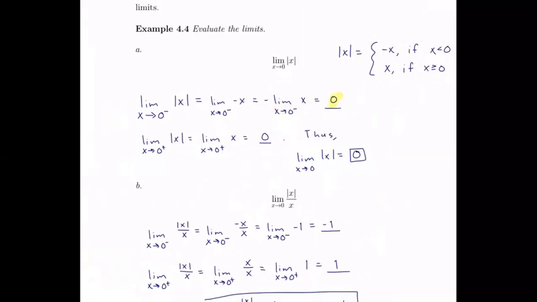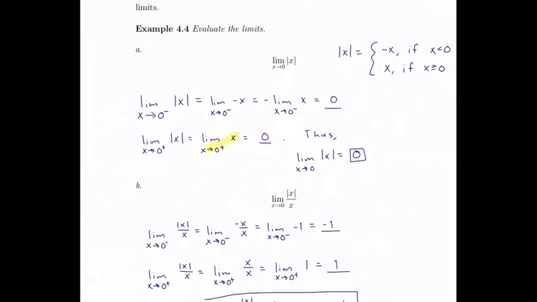And now we're looking at the limit of x as x approaches 0 from the left. Well, I think a table or chart, or even the precise definition of a limit, if we really wanted to get carried away, could convince us that this is equal to 0. As we approach 0 from the left, x approaches 0, or the limit of x is 0. Similarly, we work on the right-hand side. We approach 0 from the right, and since these are positive values of x, absolute value of x is just x, and the limit as x approaches 0 from the right, similarly, we can argue is equal to 0.